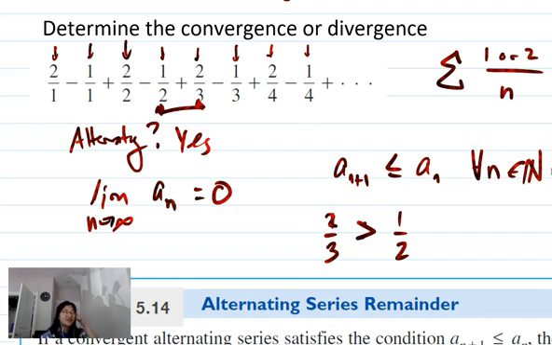So if we regroup this, we're going to have our harmonic series minus another harmonic series. And those harmonic series diverge, so this diverges. And the reason we could pull that pattern out is because we looked at the terms that were written out.